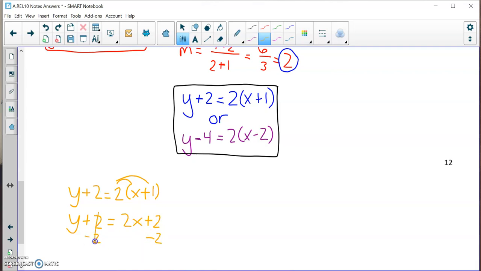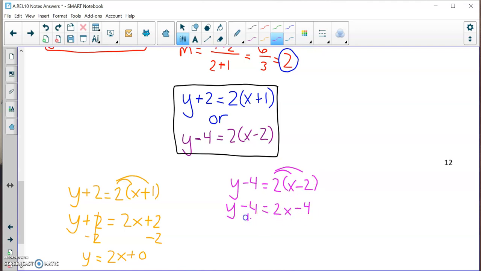we would wind up with the slope-intercept form equation of y is equal to 2x plus 0. If I did the same thing with my purple equation, if I transferred this into slope-intercept form, I would wind up with the equation y is equal to 2x plus 0. So the blue equation, which I now wrote in yellow, came out to be a slope-intercept form of y is equal to 2x plus 0.